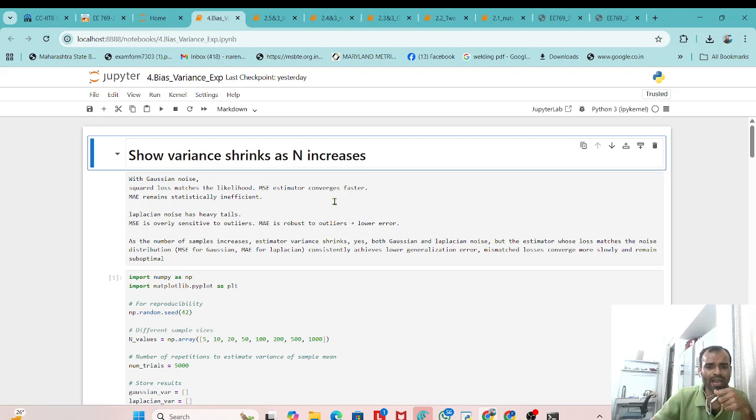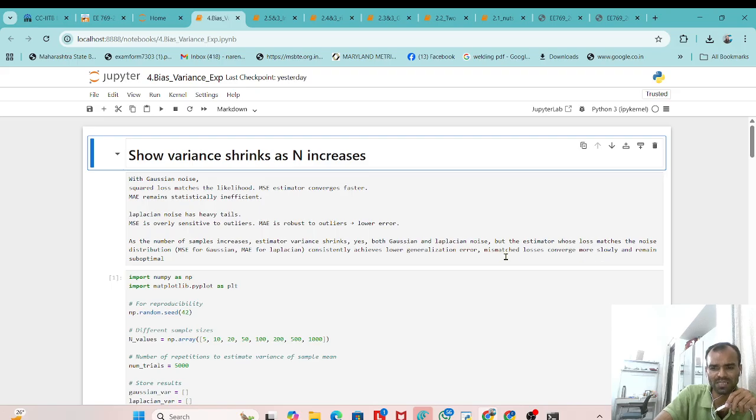But what will happen, right? If we are using the Gaussian instead of the Laplacian, or wherever we want to apply the Laplacian but we have used the Gaussian, then what will happen? We will consistently achieve lower generalization error with the matched model. Mismatched loss converges more slowly, right?